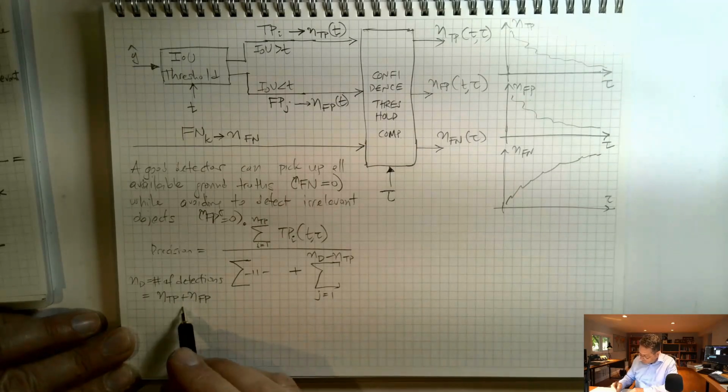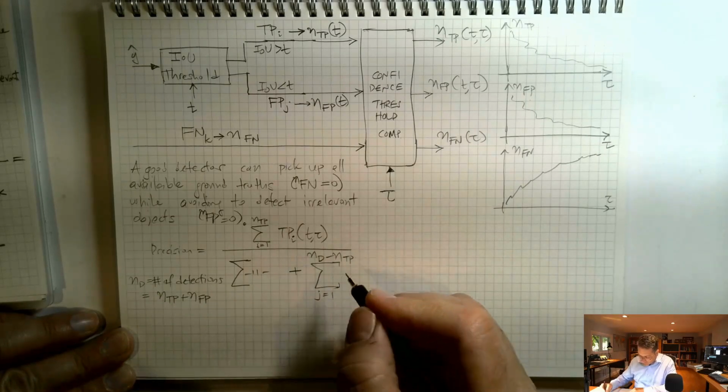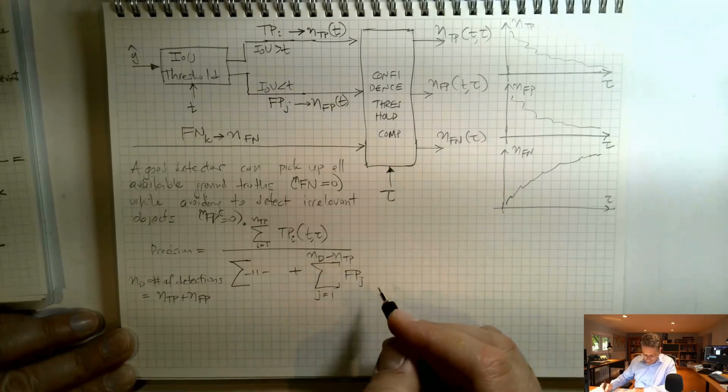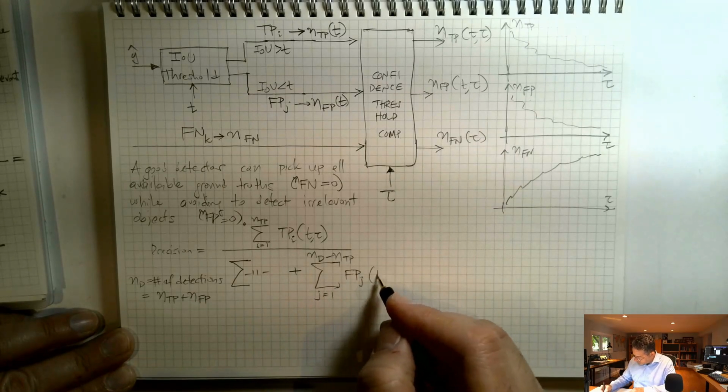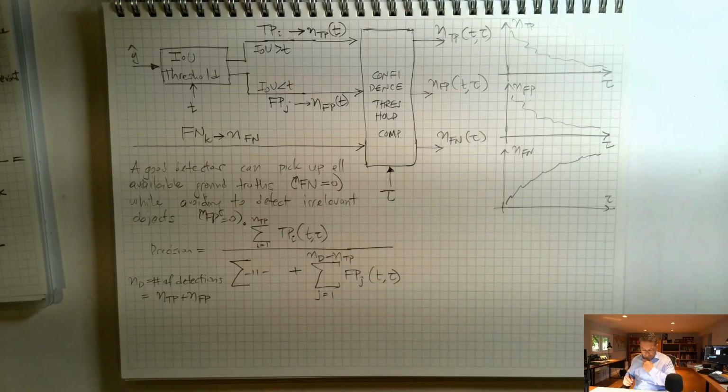So the number of false positives becomes the number of detections minus the number of true positives over here. And here is evidently my false positive event j, which is itself a function of T comma tau. Okay, so that's the formula for the precision.